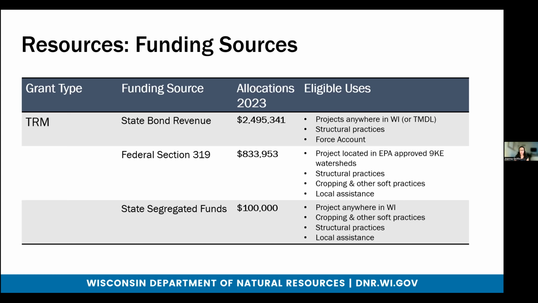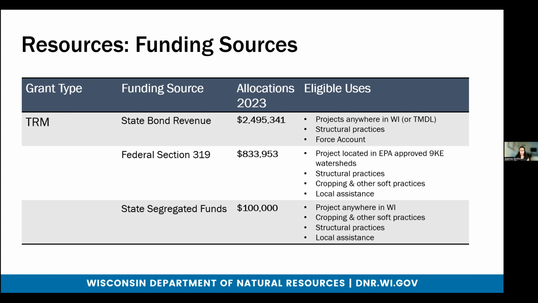revenue to TRM projects. Federal 319 project funds also comprise a significant piece of the overall funding and can be used for both cropping practices and local assistance. These funds can only reimburse work done in areas that are covered by an EPA approved 9 key element plan. So this can also pay for structural practices.